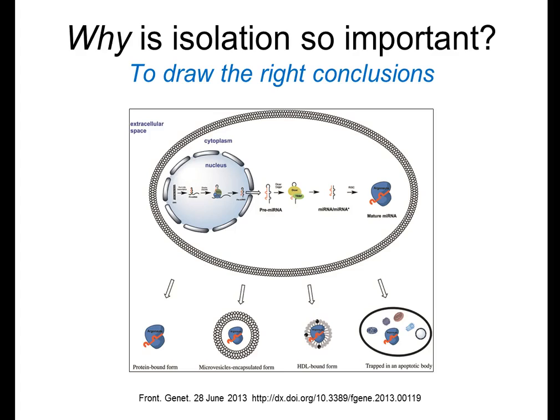Now, when you look at plasma, we do know that, for example, microRNAs are present not only in the vesicles, but they can also be associated with HDL particles and also be associated with soluble proteins. So when you apply ultracentrifugation to plasma, you have to be aware that your pellets do not contain only microvesicles, but also lipoprotein particles and some soluble protein complexes. So you have to be careful with your conclusions.